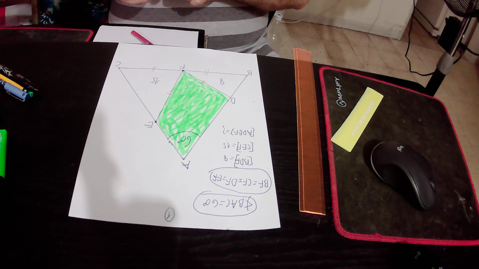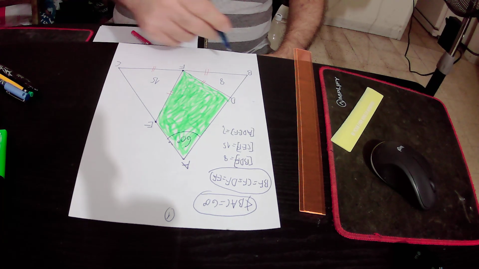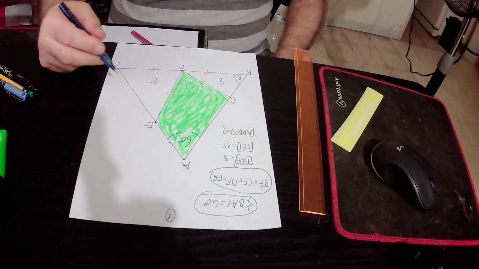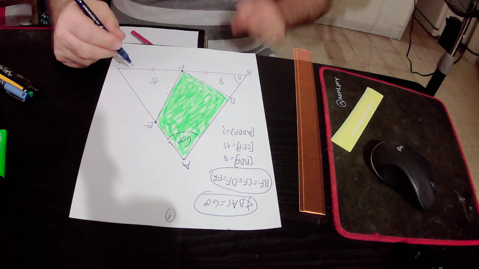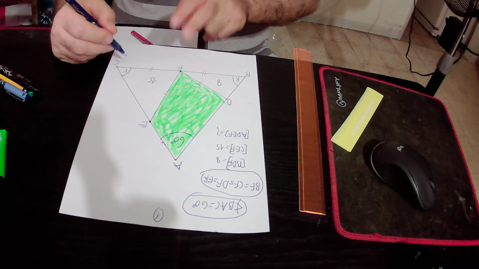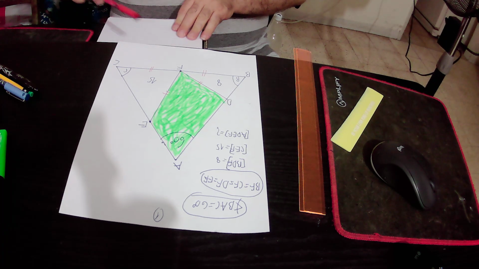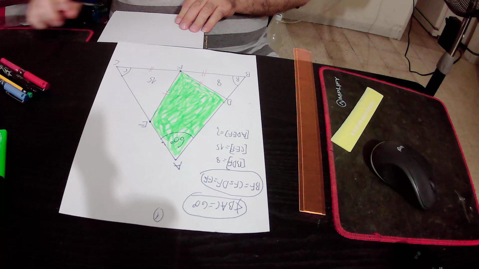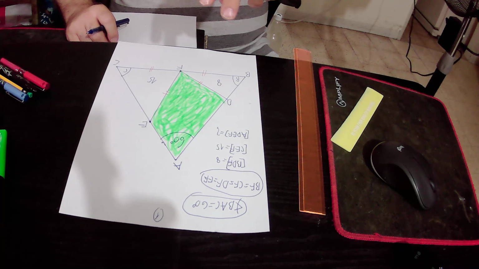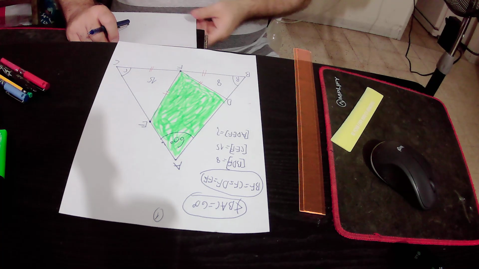Okay, so first of all we will define angle ABC as B, and we will define angle ACB as C. We know that the sum of the angles in any triangle is equal to 180 degrees, and especially the sum of the angles in the big triangle ABC equals 180 degrees.